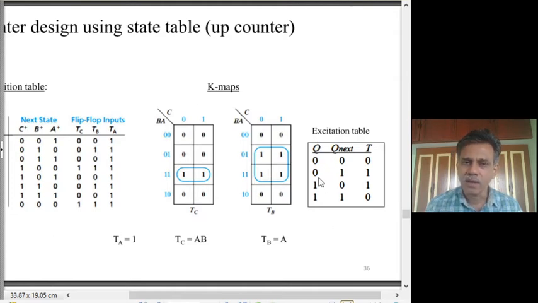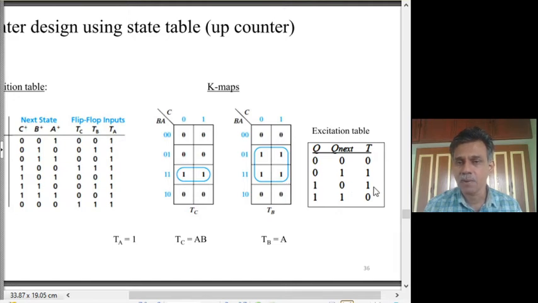But whenever Q and Q plus differ, it means that the flip-flop toggles. To make that happen, we have to give a 1 in the T input. So when Q is 0 and Q plus is 1, we have to give a 1 in T input to make this toggling occur. Similarly, when Q is 1 and Q plus is 0, there is a toggling.